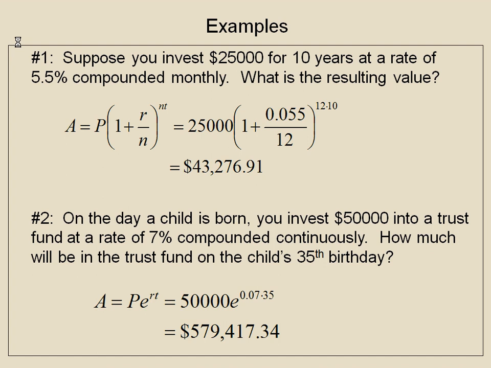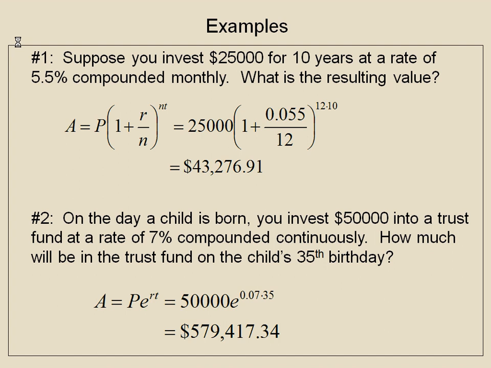Number 2, on the day a child is born, you invest $50,000 into a trust fund at a rate of 7% compounded continuously. How much will be in the trust fund on the child's 35th birthday? In this case, since we see compounded continuously, we know we're using the second formula, sometimes called the PERT formula because of its notation.